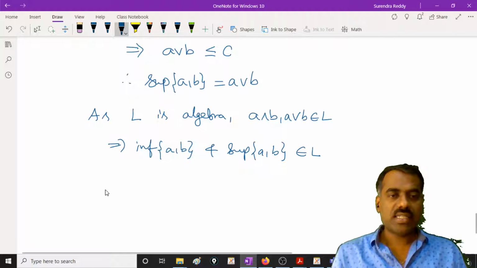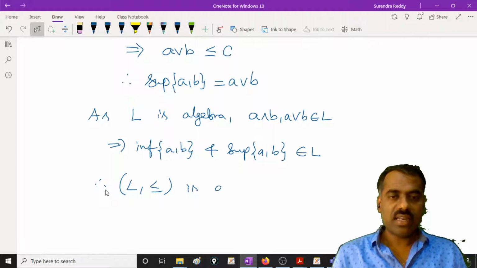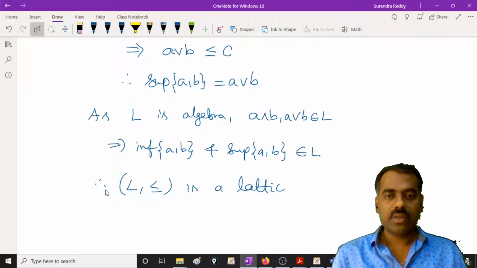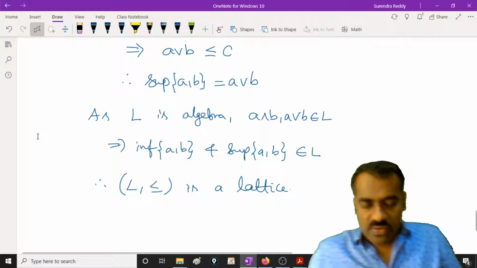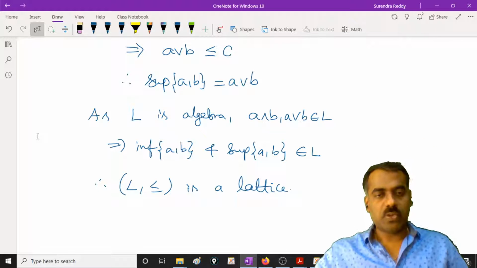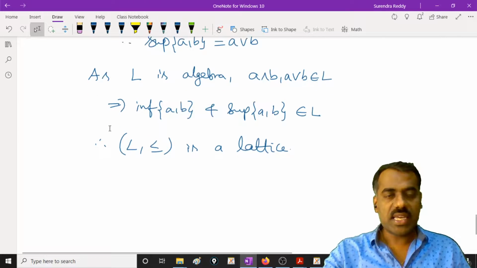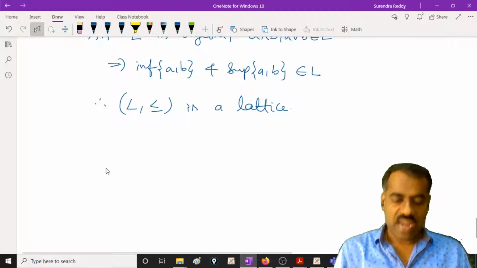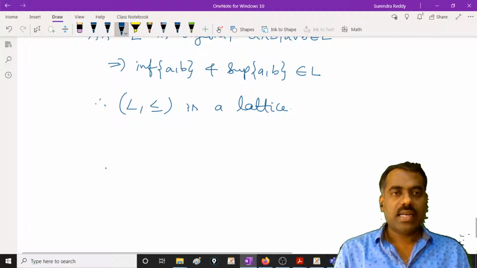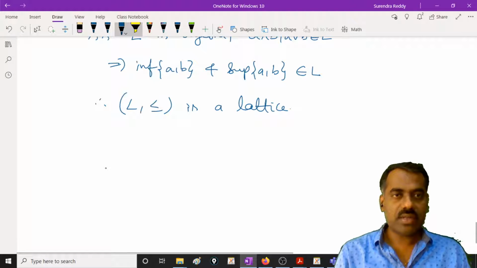That shows that this L is a lattice. So we have shown that if you take a lattice as an algebra, then we get a lattice as a poset. It is a very interesting result. These two are very useful, so you can go from anywhere to anywhere, right? Let's now understand this with an example, or write it pictorially and see what we have observed here.